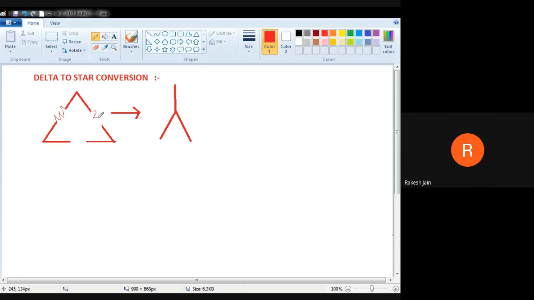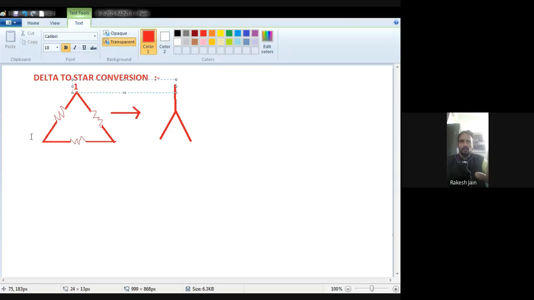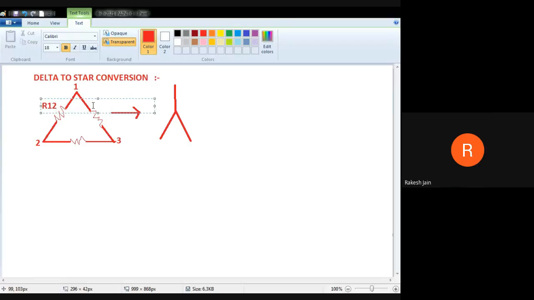So let it be your first resistance, let it be your second resistance, let it be the third resistance. Okay, so let the name of the node be 1, so you can denote it by any other name, 2, and this one as third.